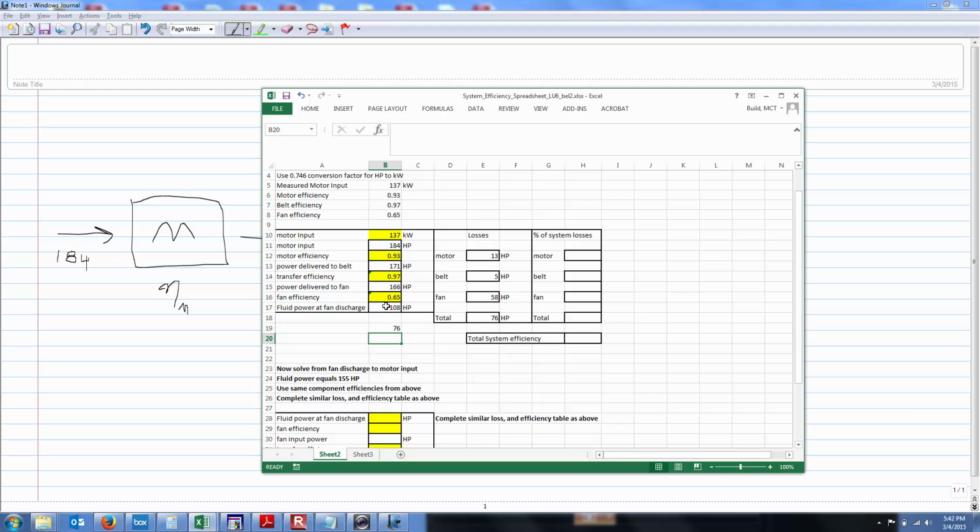So they should be the same, a couple different ways. Nice. Okay. So, next thing is just how much is being lost at each step.